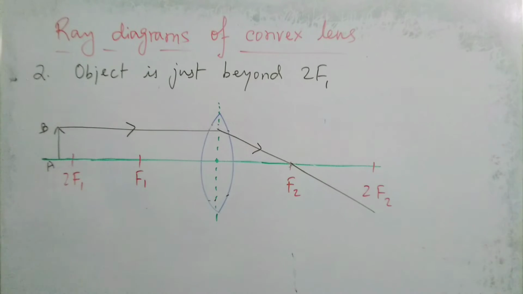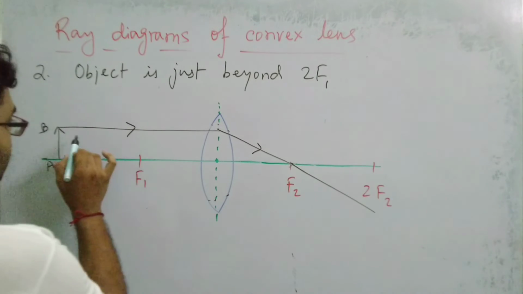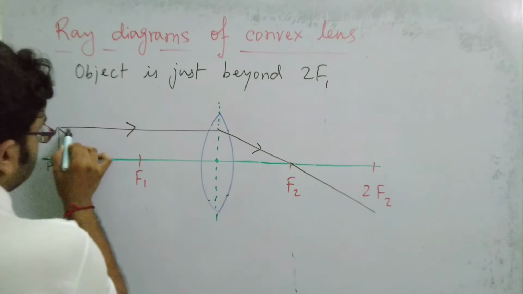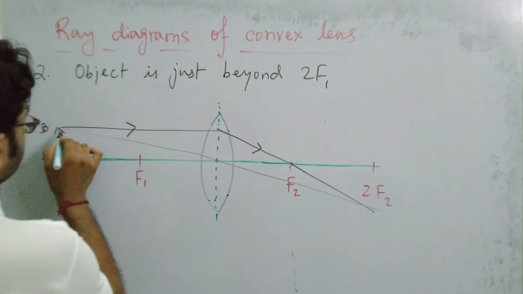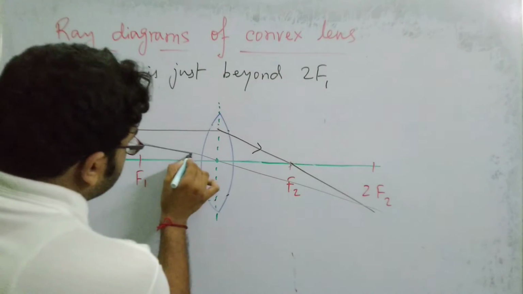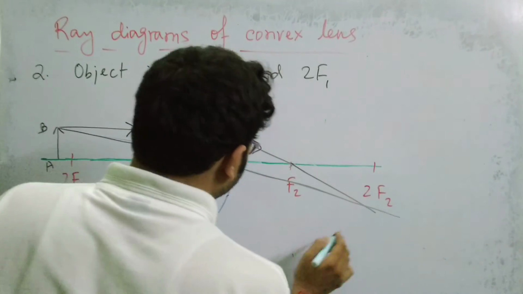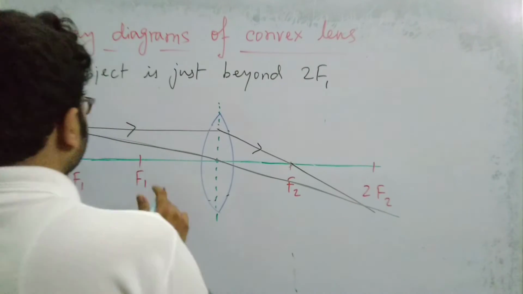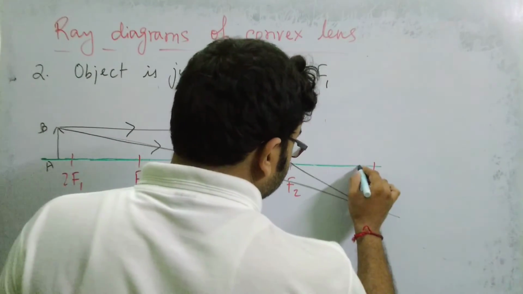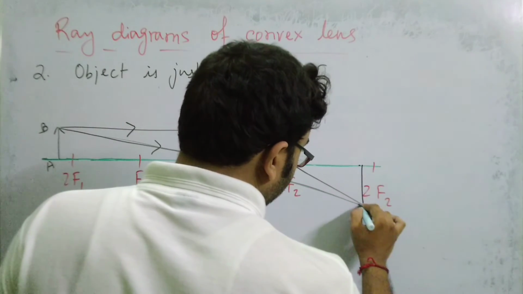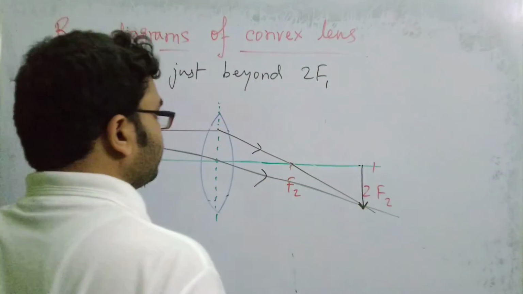See, here if you consider the light passing through the optical center, it goes somewhat like this. I am not able to draw the exact diagram because I do not have a scale, so it will be something like this. Now the image will be formed here.